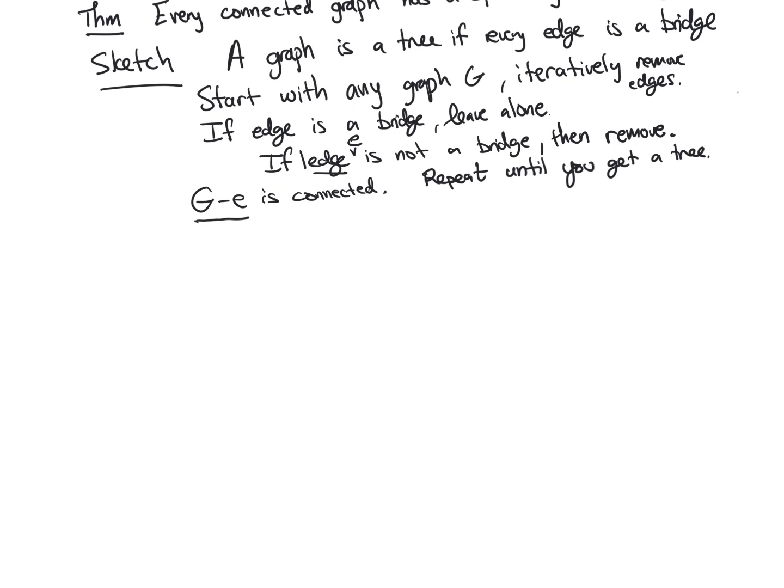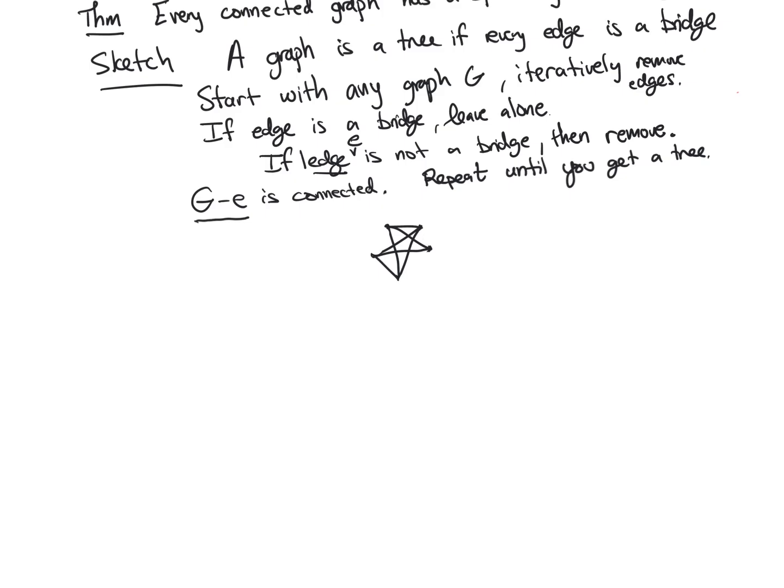So for something like K5, you might initially remove, let me see if I can do this with erasing. So you can remove this edge, see if there are any bridges. I don't think there still are any, so you can then remove this edge, see if there are edges which aren't bridges.